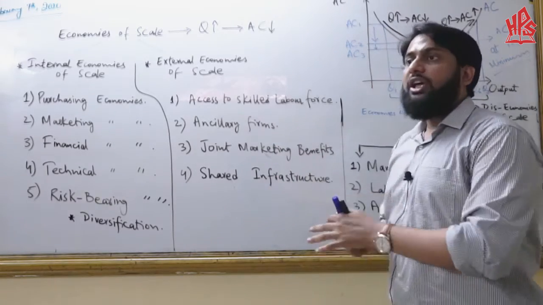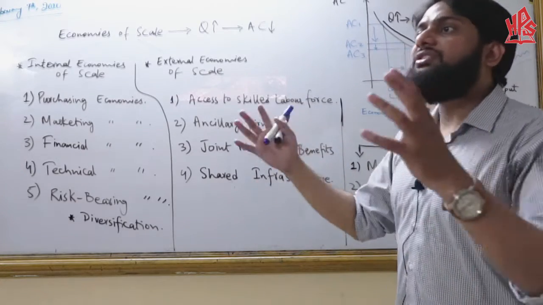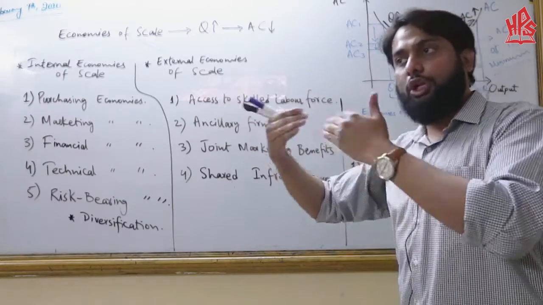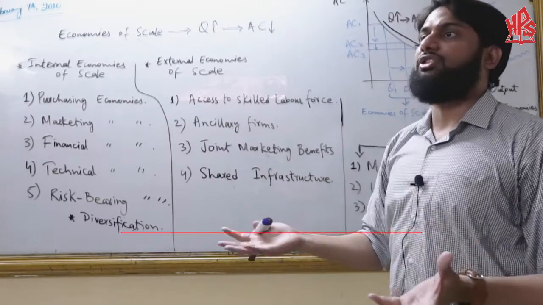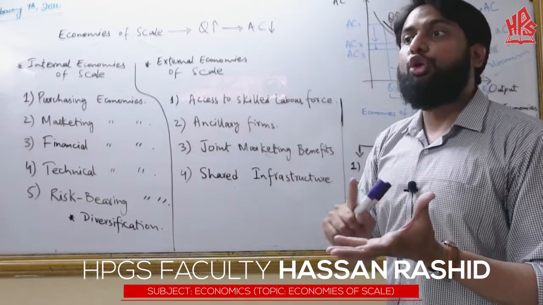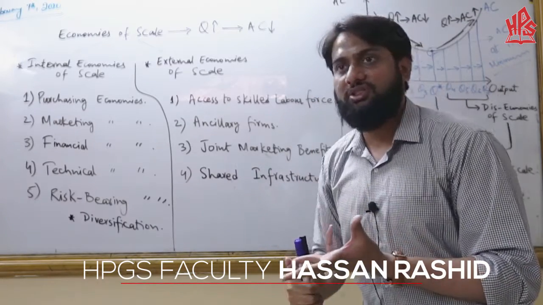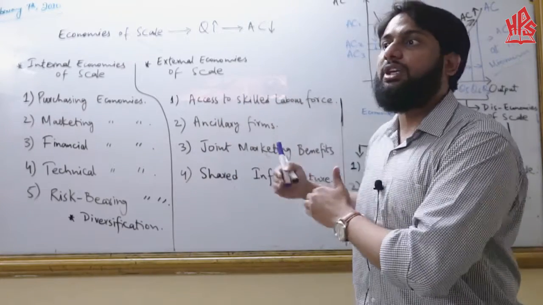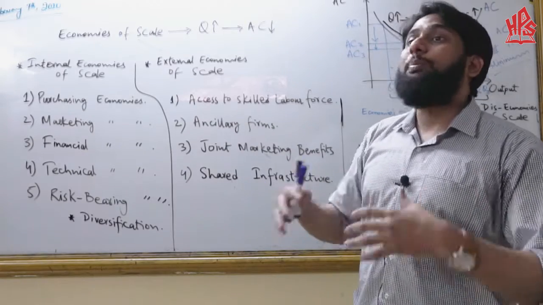Shared infrastructure: in a common business area, every business tries to establish facilities for better infrastructure for their own businesses, and they collectively collaborate to make the infrastructure better, such as electricity flow with no barriers, clean and maintained roads, and security systems. They also try to maintain other things such as water and sewerage systems or the banking system.